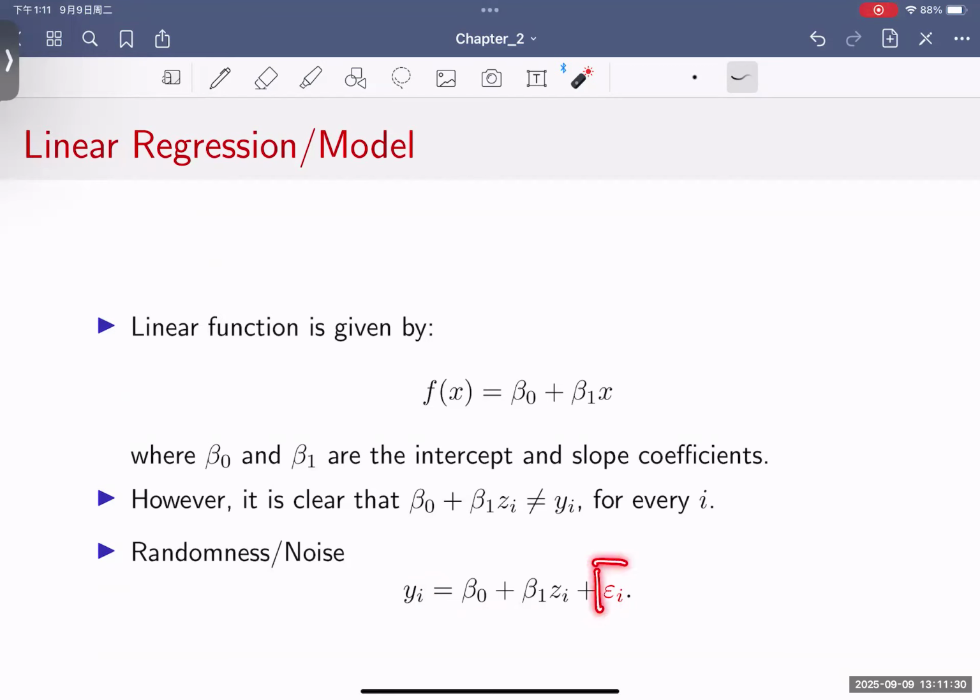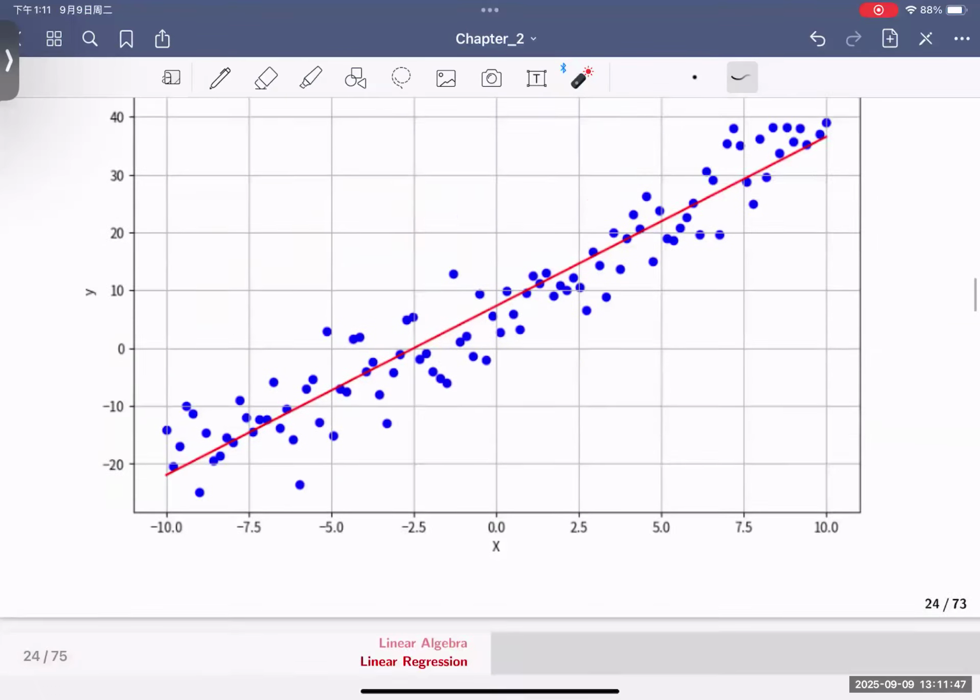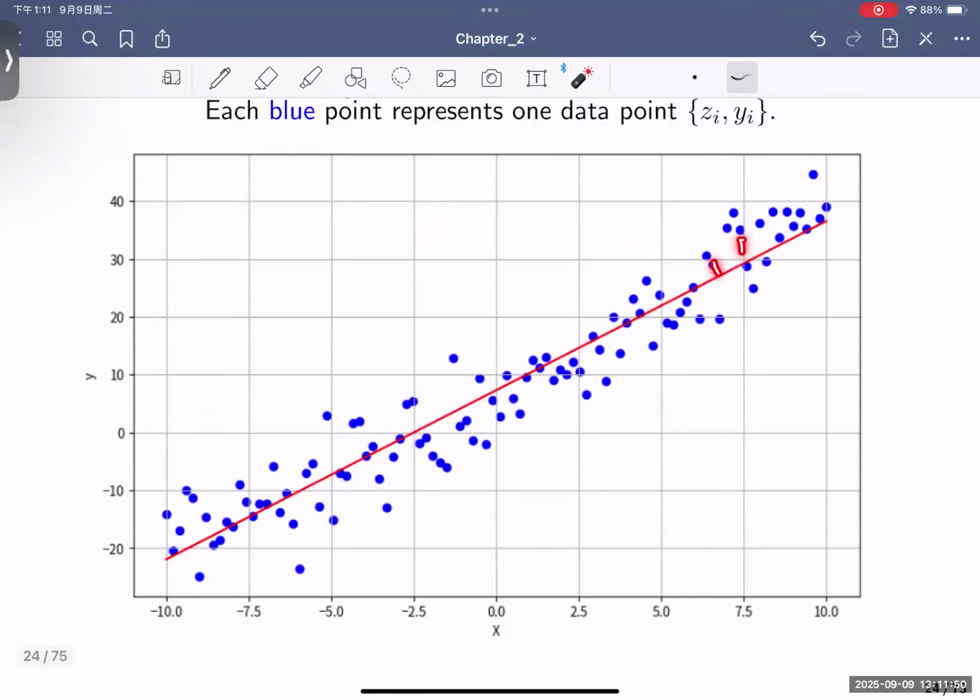But here, epsilon i just stands for a random variable, which means it is random, so it could change. For different i, this epsilon i could also change, so we call it some randomness. This also explains why the discrepancy differs each time: sometimes the data is above the line, sometimes below this line.